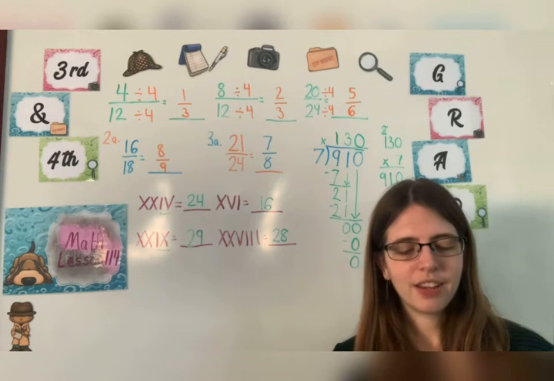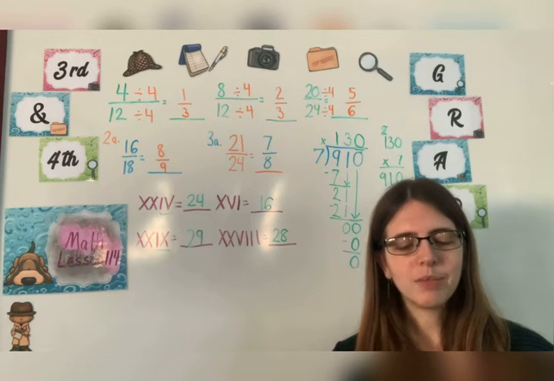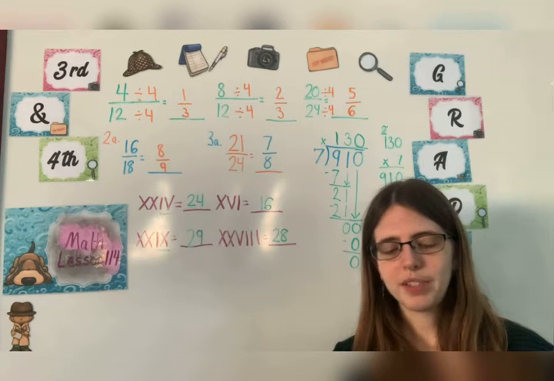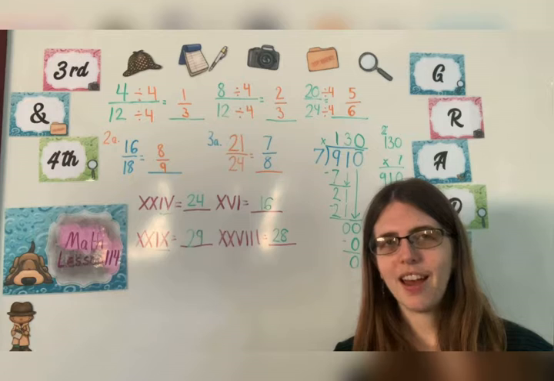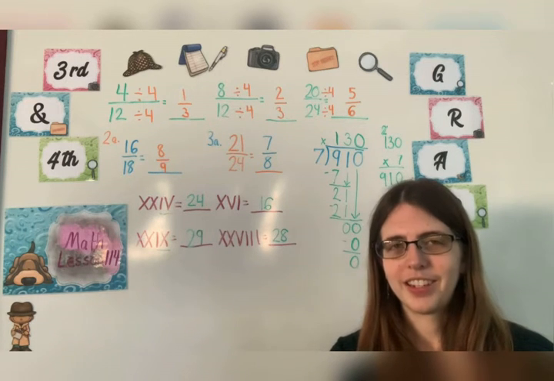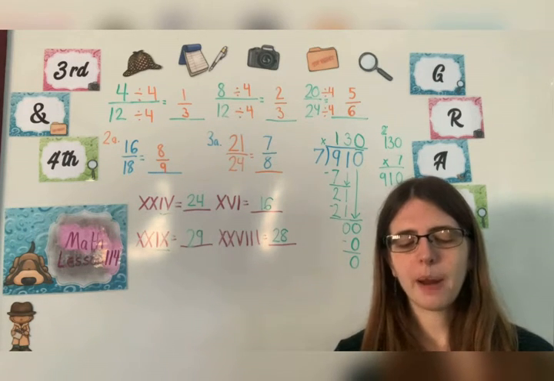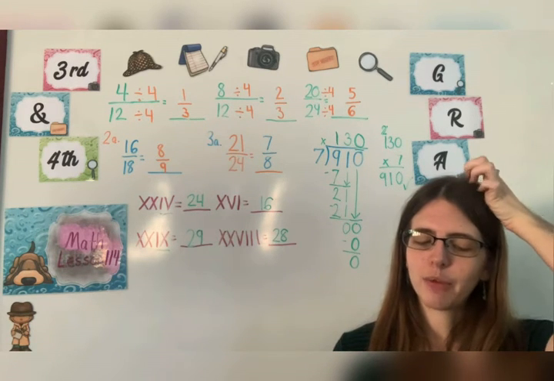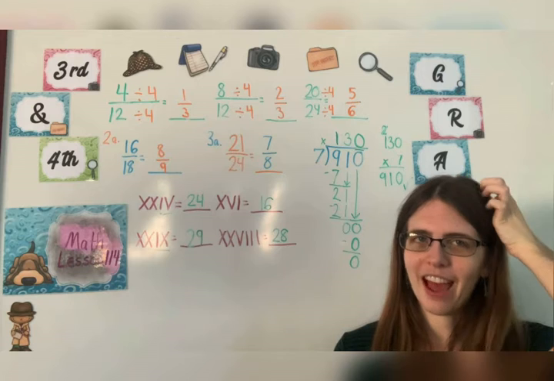The pint, very good. What comes after the pint? There's 2 cups in a pint, 2 pints in a quart. Excellent. So cup is 1, pint is 2, quart is 3.